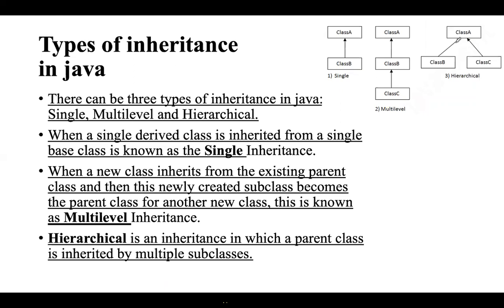Types of inheritance in Java. Now the topic is types of inheritance in Java. In totality, we have 5 different types. But from those 5 types, 3 types are the ones displayed in this diagram, which are fully supported by Java.